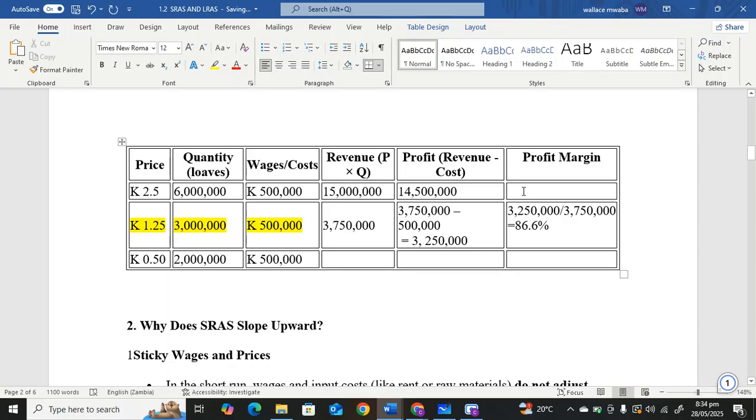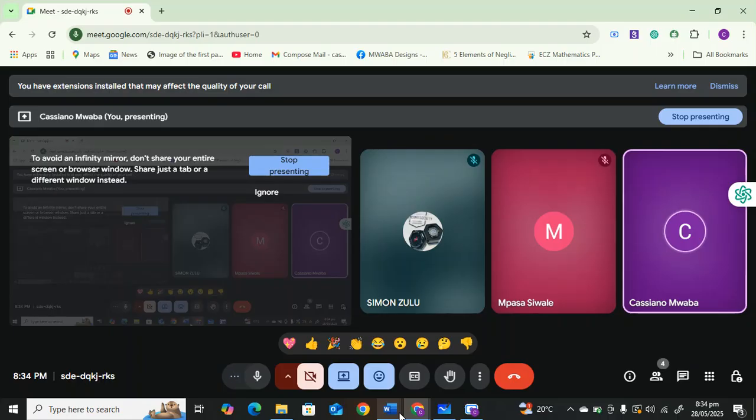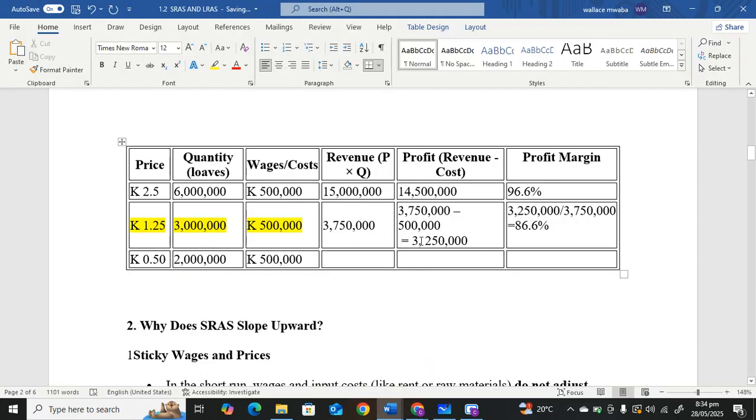Yes, 96.6%. Okay. So as you can see, there's an incentive for businesses to increase output because their profit margins are going to increase, especially as wages are still going to stay fixed. So the business is going to benefit by producing more.